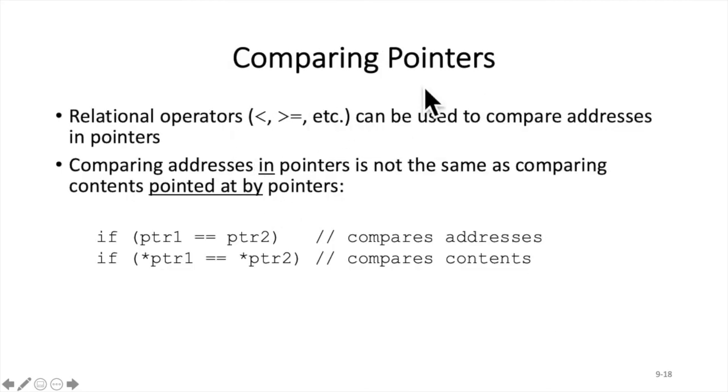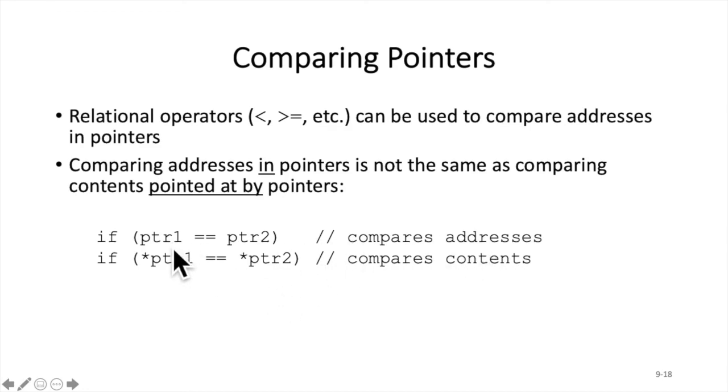If you want to compare pointers, we can use relational operators: less than, greater than, equal, and so on. They can be used to compare the addresses of the pointers. For example, we have two pointers, ptr1 and ptr2. We can use this to compare the addresses.